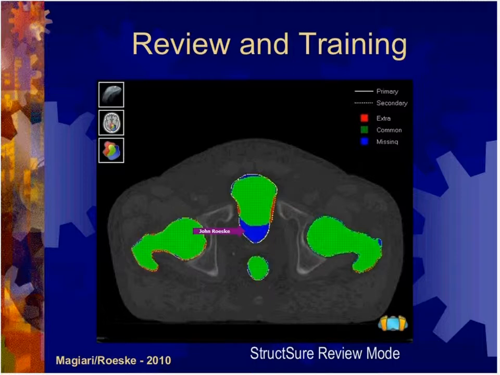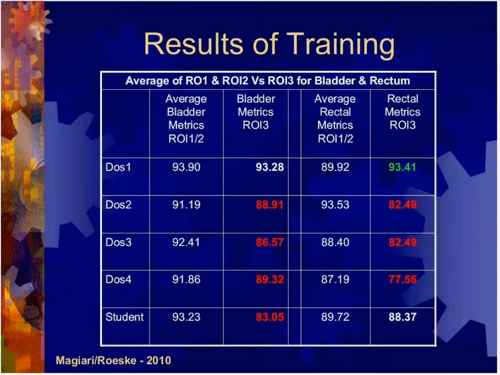So the gold actually encompassed much more posterior than the dosimetrist had contoured. What we did here is we sat down with each dosimetrist and gave them the opportunity to look at this visually, where their contours overlapped with the gold contours, and after reviewing the gold versus their contours, gave them the opportunity to contour once again.